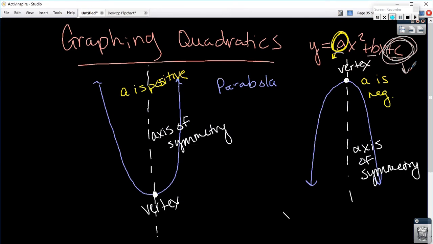The C is the same thing. The C is the y-intercept. What is a y-intercept? What does that mean to be a y-intercept? Where it touches the y-axis. That's exactly right. It's where it crosses the y-axis, a point on the y-axis, okay? The B, we're going to use it to find the vertex. Okay?